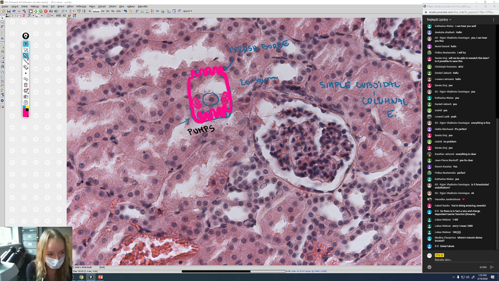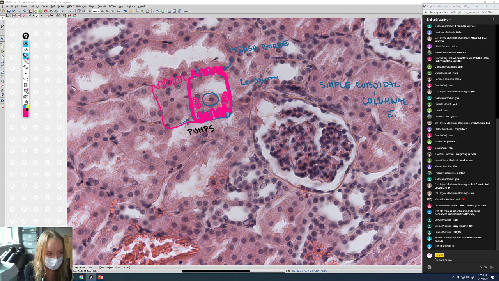And what's also happening here is that there is another cell of the proximal convoluted tubule, or the proximal tubule itself, right next to it.